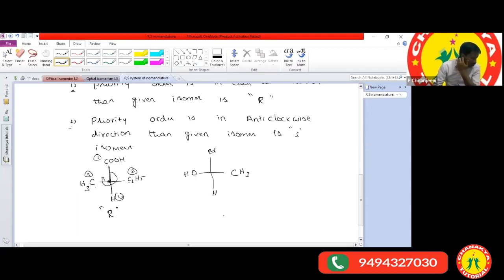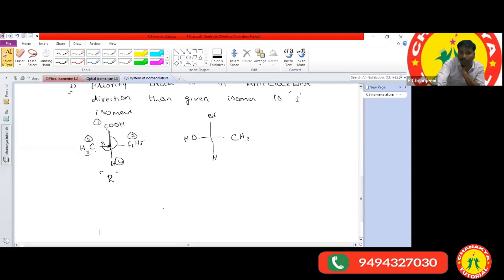Can any one of you try for the second one? Aditi or Samhita? I'll give some other examples also. One more example I'll give. What is the second one?